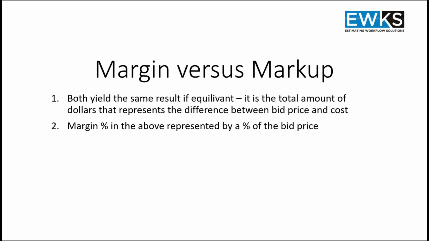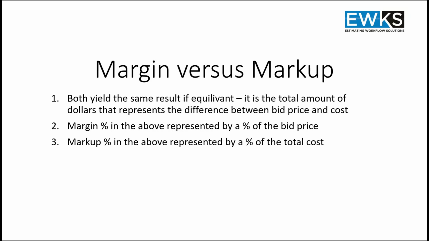Now, margin percentage in the above represents a percentage of the bid price. That means the denominator is the bid price. Markup percentage in the above is represented by a percentage of the total cost. So the denominator is the total cost. Obviously, when I'm looking at margin percentage versus markup percentage, the total cost is going to be less than the bid price.